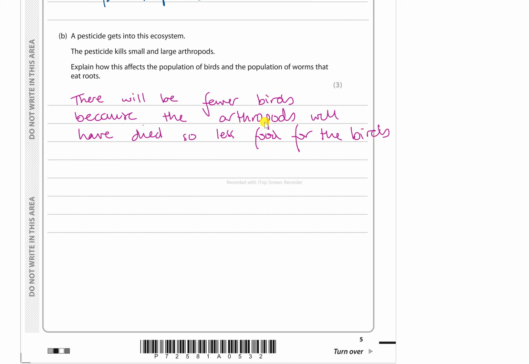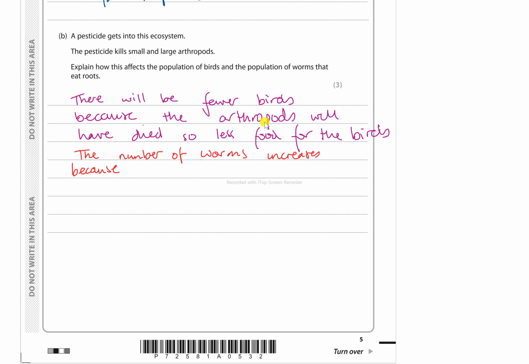And then the other side is, the number of worms will increase. Why does it increase? That's an interesting one.